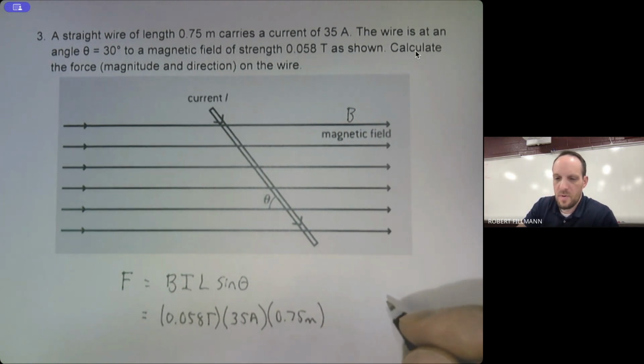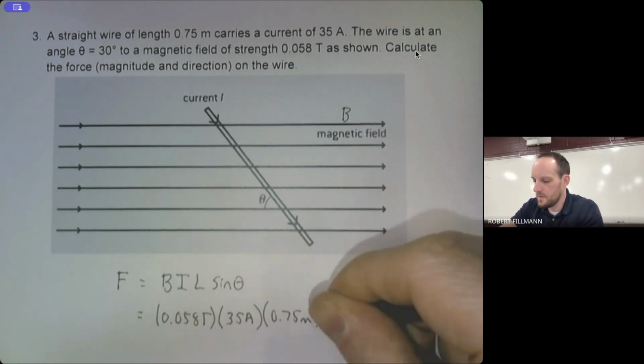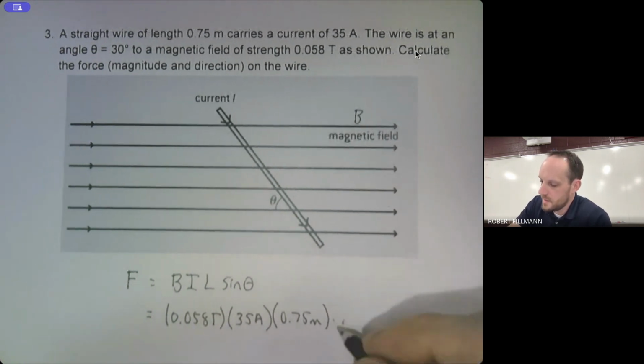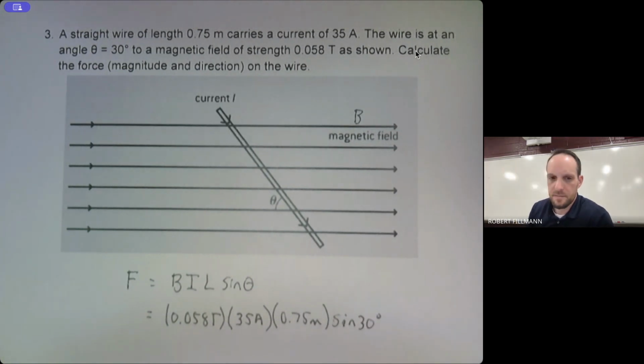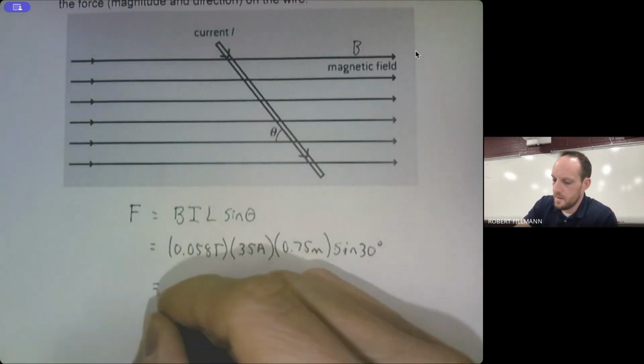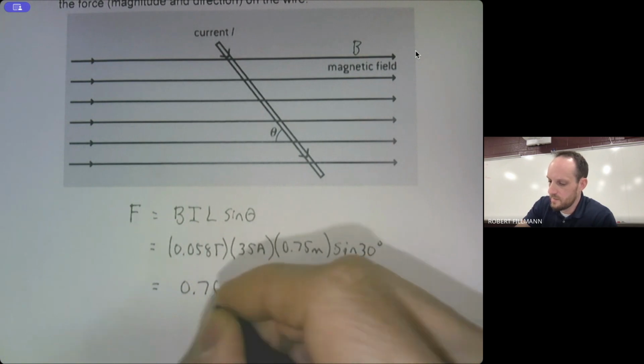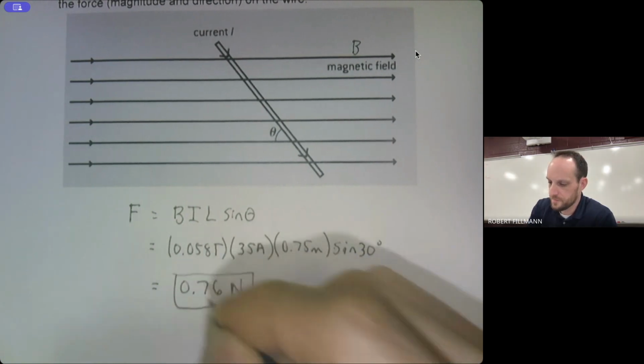And this isn't quite perpendicular. It's not parallel either. Oops, I almost tried to do a cosine there. Sine of theta, theta is 30 degrees. Sine of 30 degrees. We get the magnitude of the force. This wire is going to experience about 3/4 of a Newton, 0.76 newtons of force.